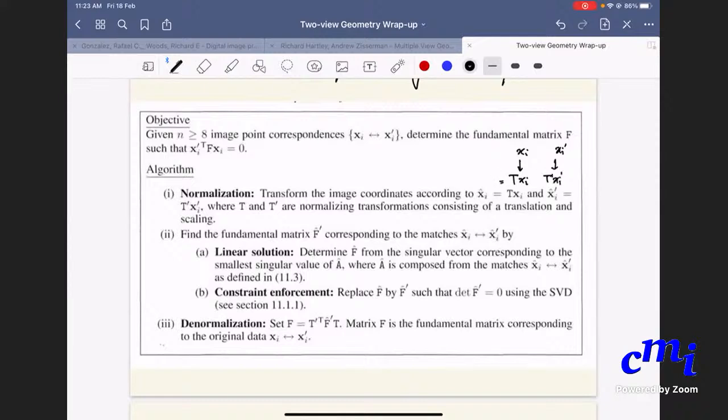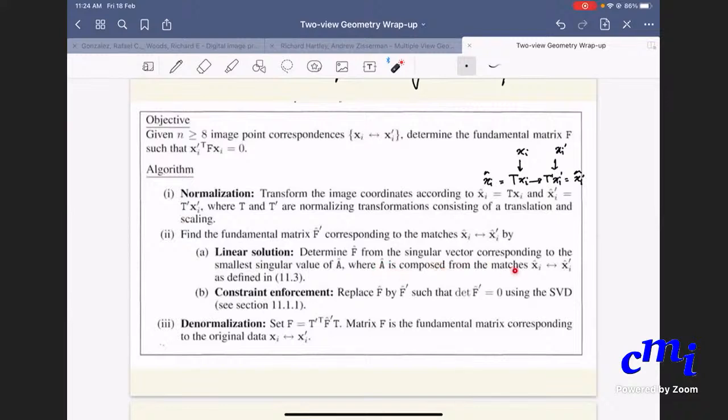So this is your new xi hat, and this is your new xi prime hat. You make this transformation. Then after this transformation, you compute the map using these transformed pairs. How is that computation done? That is the solution that I described just now, the linear solution, which is the smallest singular vector for the matrix A hat.